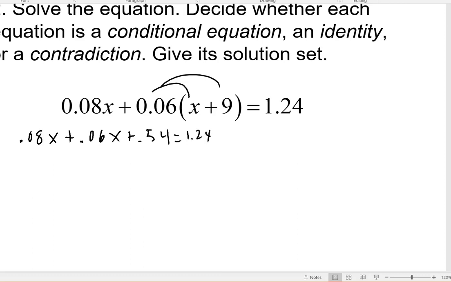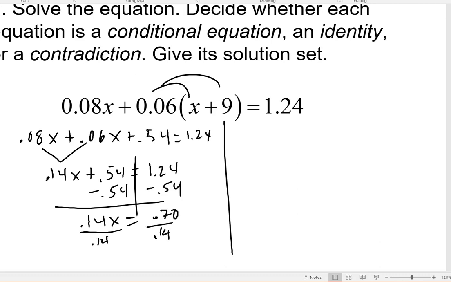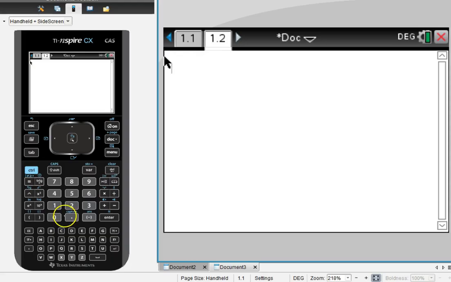So I can leave the decimals, combine like terms, inverse operations. What is this? 0.7. And then I would divide. Like I said, I have technology to do 0.7 divided by 0.14.